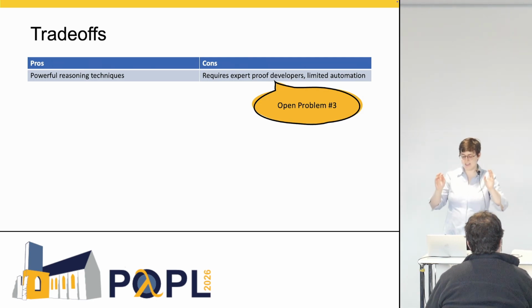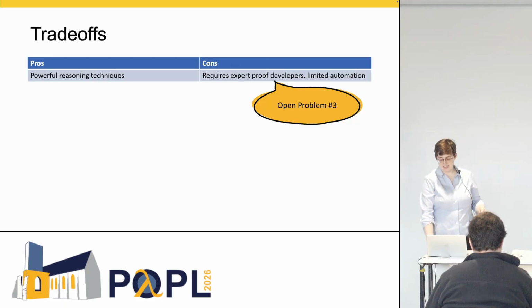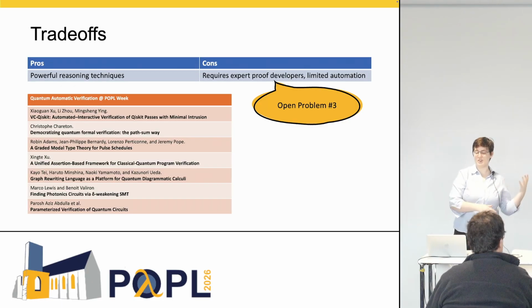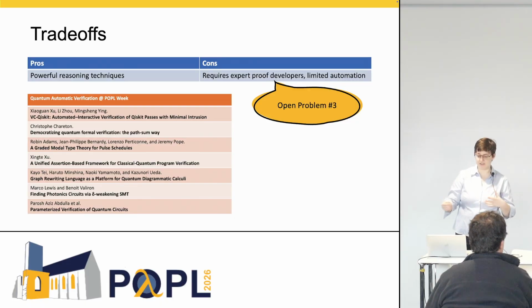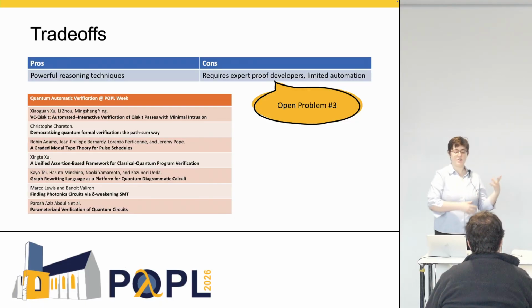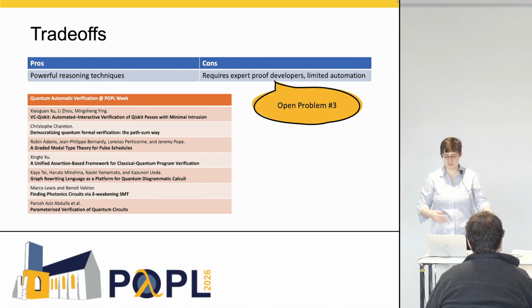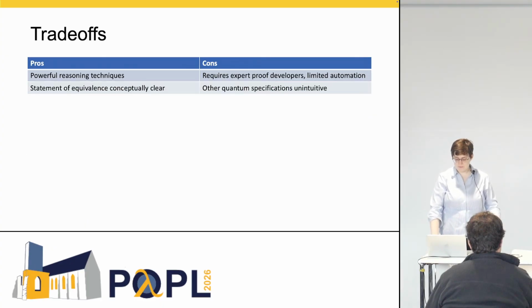This is, as always, a very important discussion, and there's lots of work pushing for more automation, for being able to capture these more powerful reasoning techniques with more automated interactions. So a lot of really interesting work going on there.